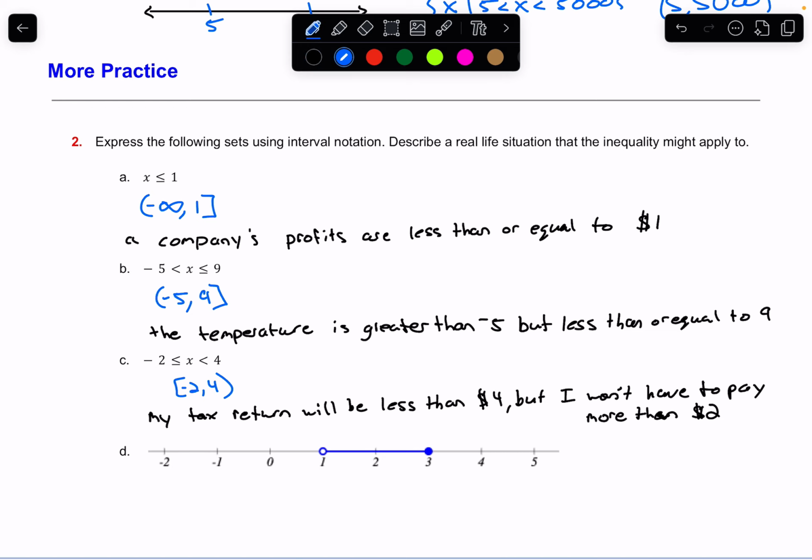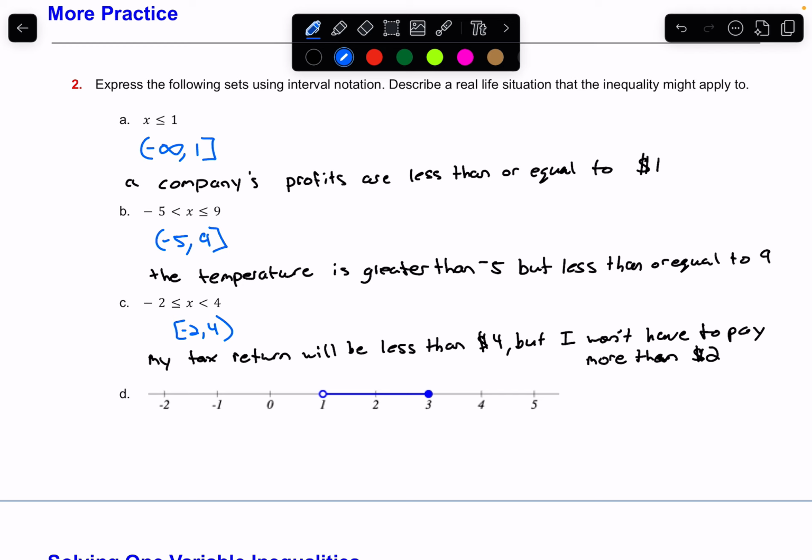All right, and then part D, we're going from 1 with an open circle, so that's a parenthesis at 1, to 3 with a closed circle, so that's a bracket at 3. And so for this one, I just thought of my household, which is I have more than 1 pet, but less than or equal to 3 pets. So I have more than 1 pet.